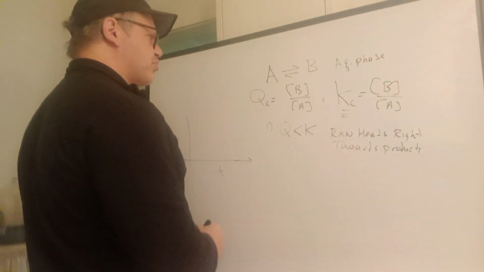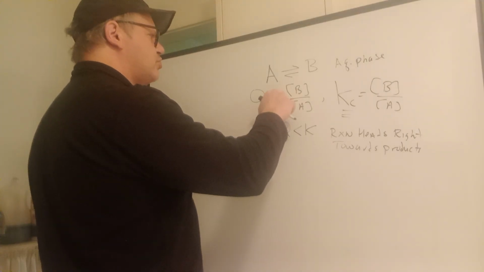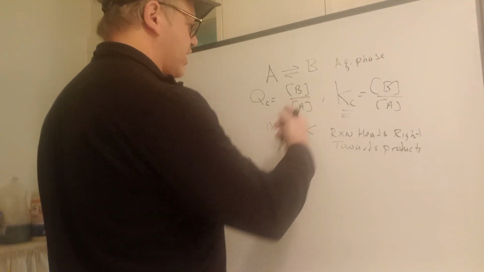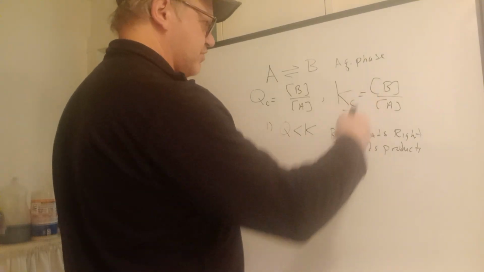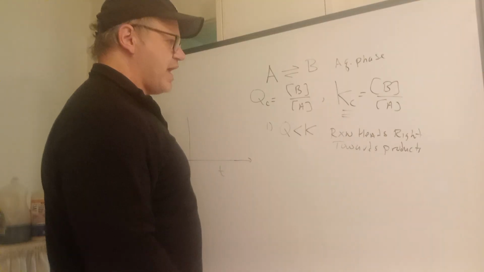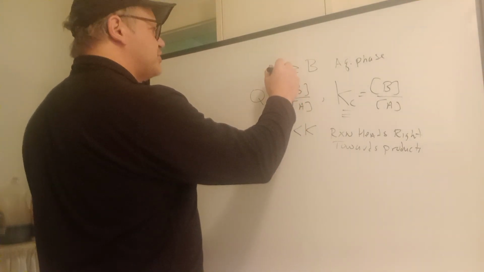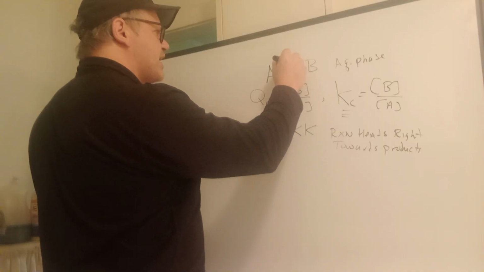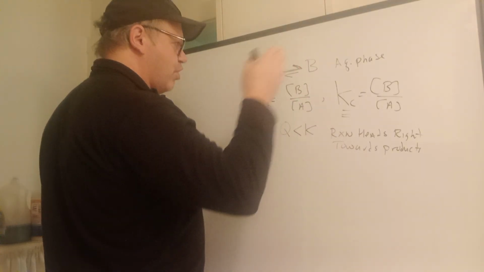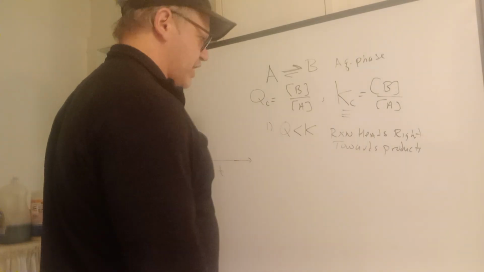The form of this is products over reactants. So if Q is less than K, it means we have too little of B relative to A to give us the value of K. So we have to build up B relative to A. So when we say the reaction heads right, it means for that particular case, we'll get an enhancement of the forward rate relative to the reverse rate of this reaction.